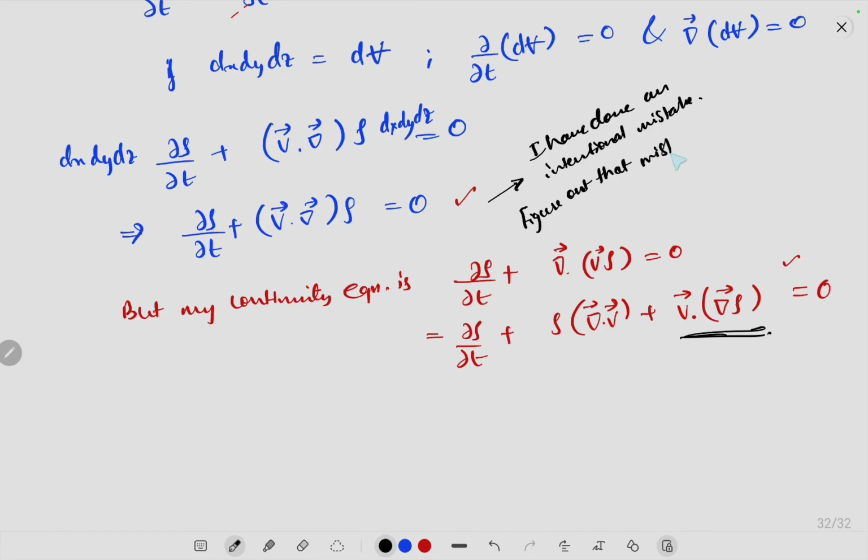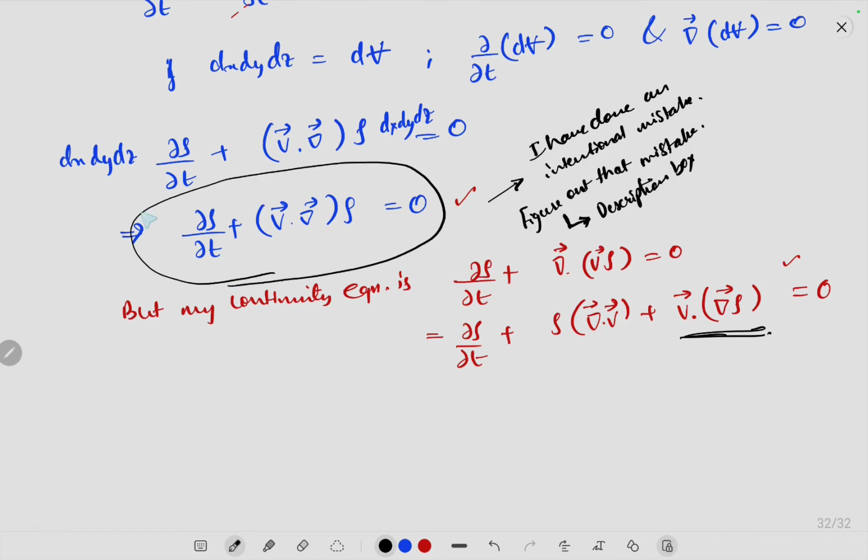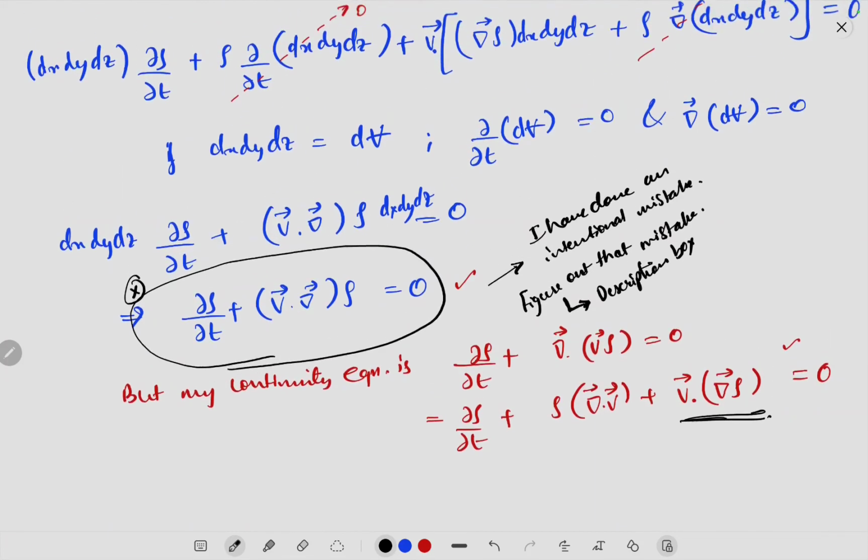I have given the solution to that mistake in the description box. So there is something wrong with this equation, and you people figure that out.